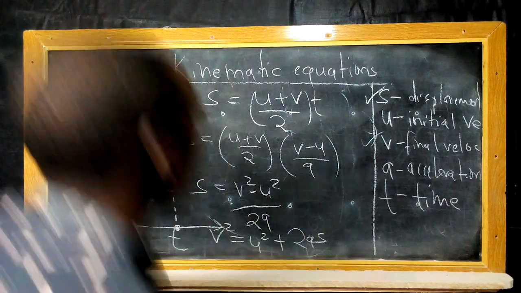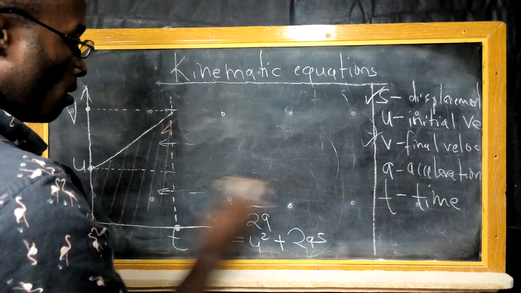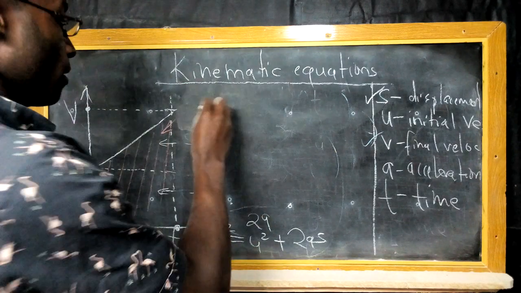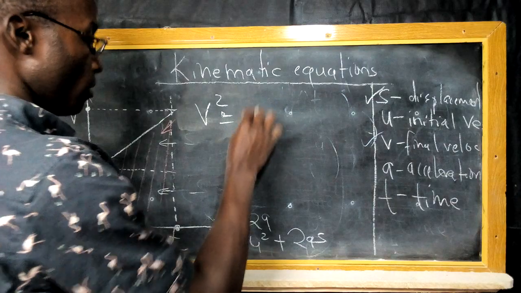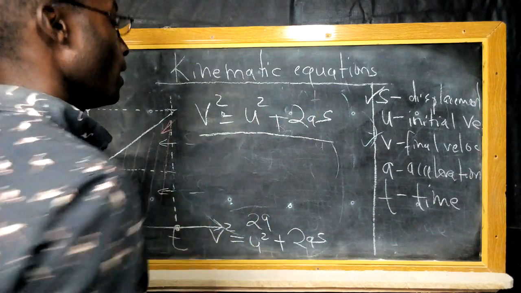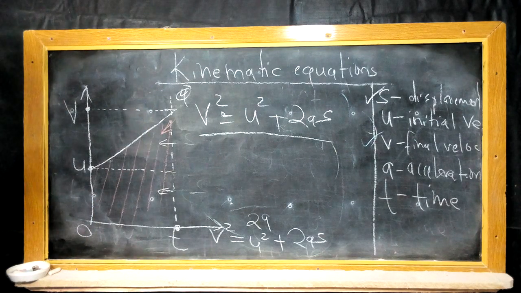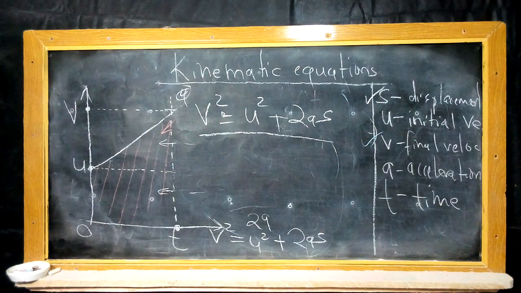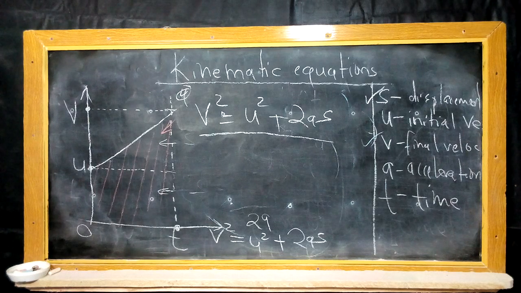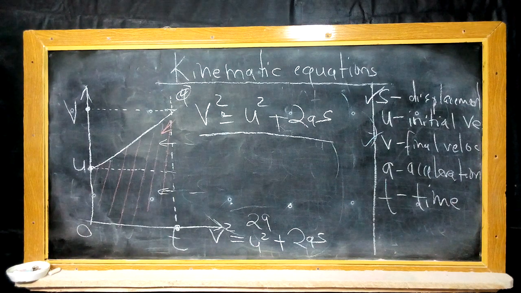So that will be v squared equals u squared plus 2as. That will give us equation number 4, kinematic equation number 4, which leads us to the last bit of the kinematic equations that we were deriving from the velocity time graph, which is indicating constant acceleration.